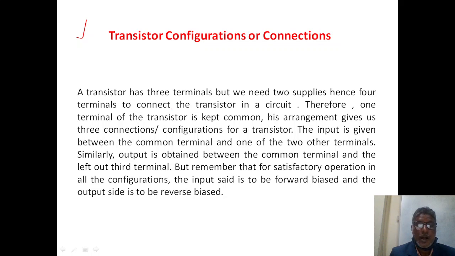The input side of the transistor should always remain forward biased, and the output junction of the transistor is to remain in reverse bias condition. That should be remembered. Okay? Any doubt? Okay.